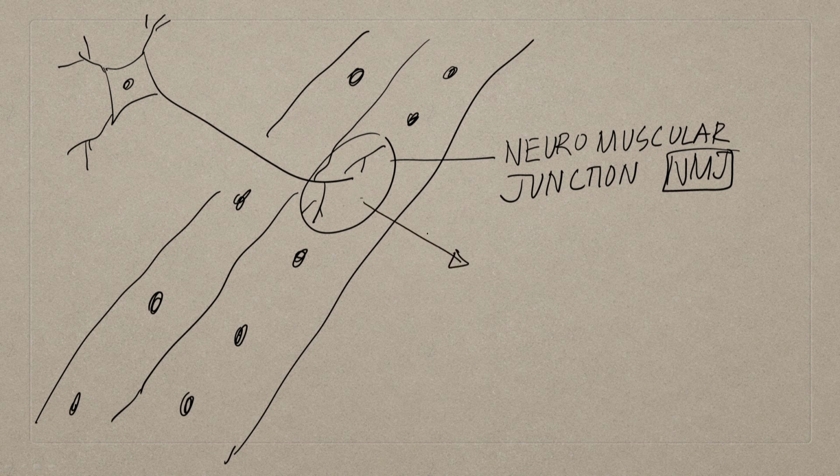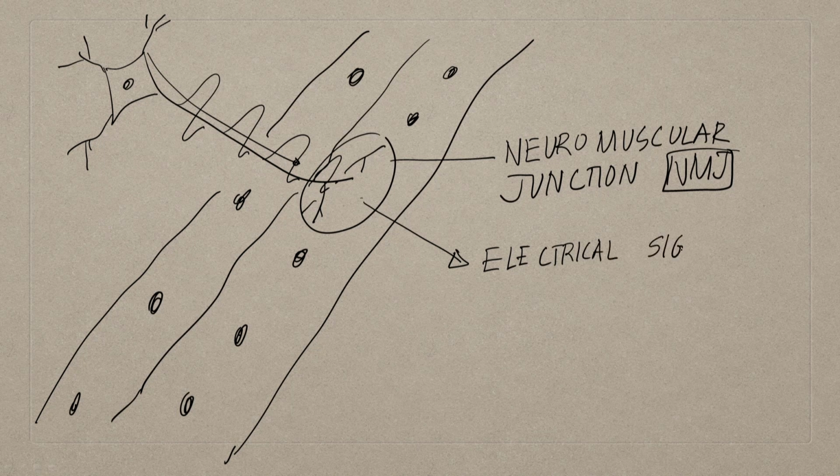At the neuromuscular junction, the action potential travels all the way out here. Once the action potential travels to the muscle, step 1 was the electrical signal reaching the neuromuscular junction.